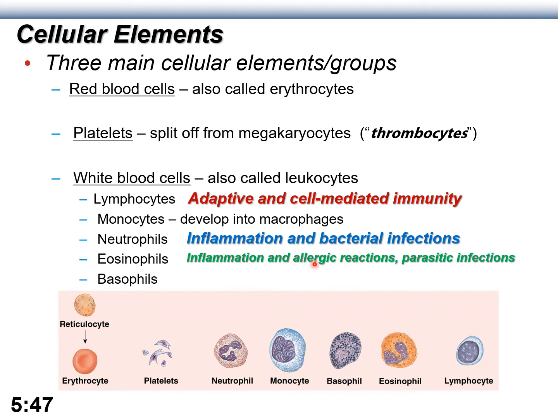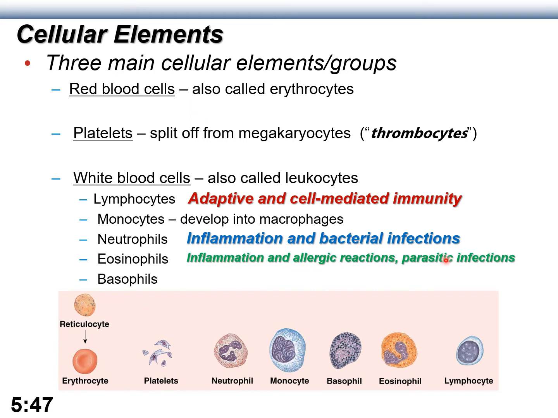Eosinophils we often see with allergies. We see them in parasitic infections, and like neutrophils, they overlap a little bit with inflammation. In fact, certain forms of asthma are associated with eosinophils. The really nasty refractory asthma, the one that doesn't respond to normal therapies, is considered to be what's called eosinophilic asthma.